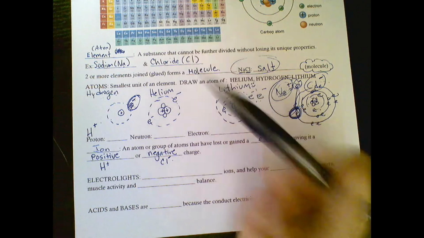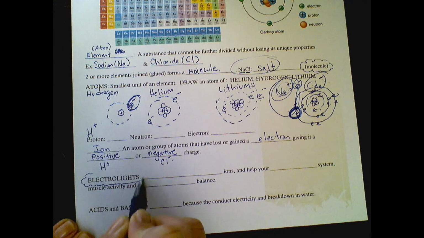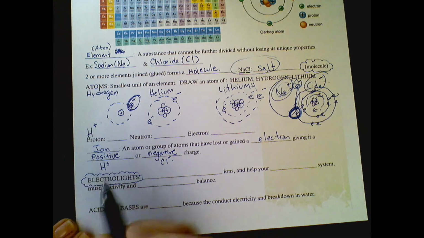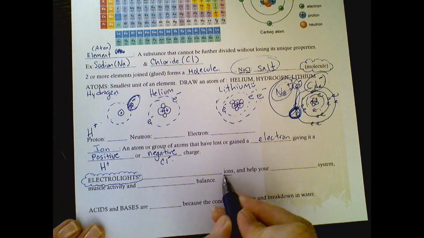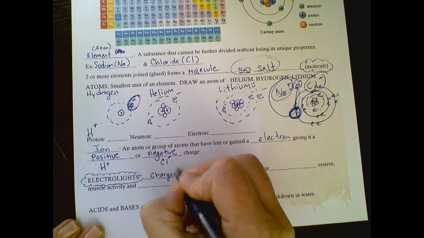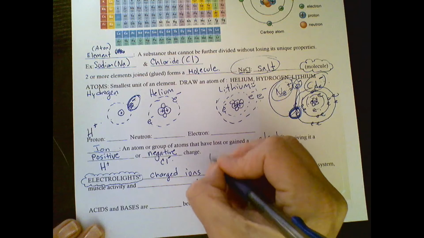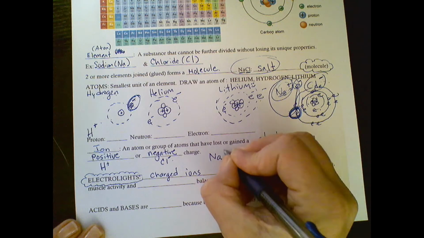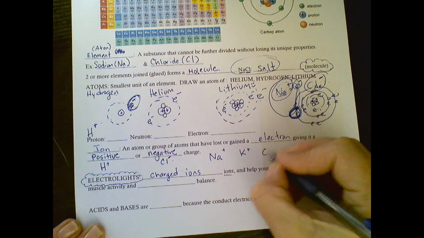is in your blood. So first, we're going to talk about electrolytes. If you've ever exercised or heard about people who are exercising, they say you have to drink your electrolytes. Gatorade has electrolytes. Electrolytes are just charged ions. That's all they are. Like sodium or potassium or chloride.